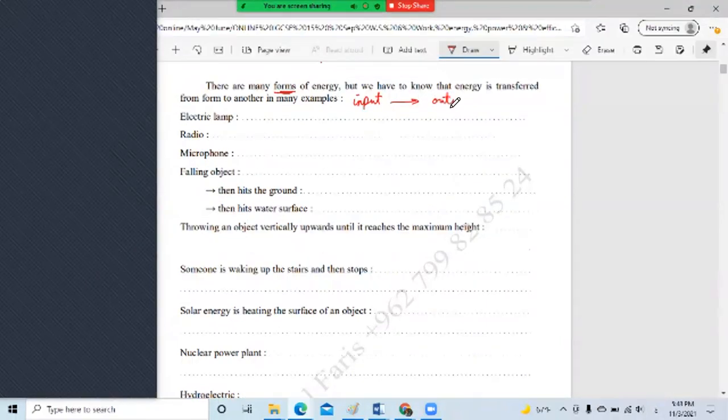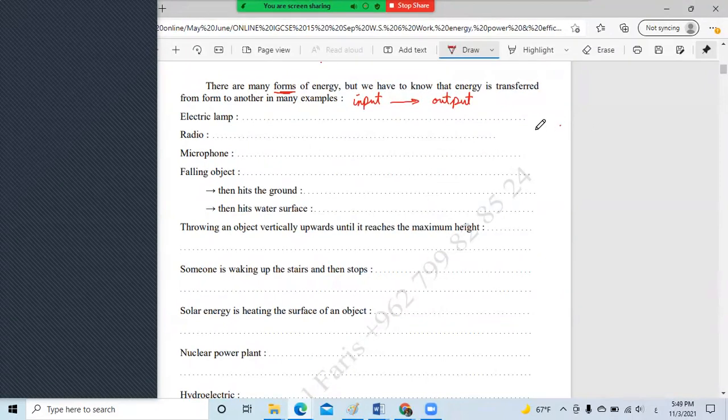And don't forget, the output is divided into useful and wasted, unuseful. So what is the input? What are the forms of energy that are input and output for the electric lamp? Yes, the input for the electric lamp, thank you, is electricity, electrical.